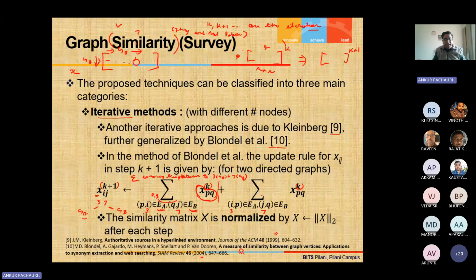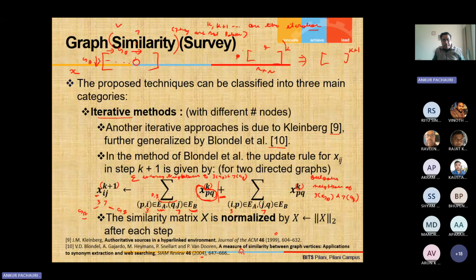Okay, so this is the incoming neighbor. Similarly, if this is 3, 7, then 3,1, 3,2, 3,3 means outgoing neighbors. So I am taking care of incoming neighbors plus outgoing neighbors of 3 of GA and 7 of GB.